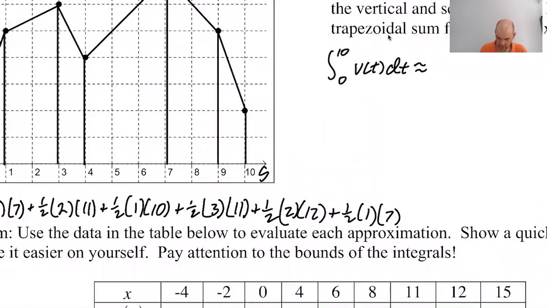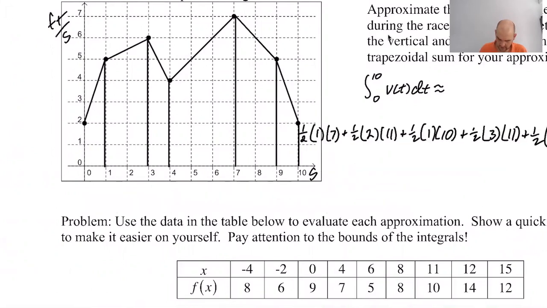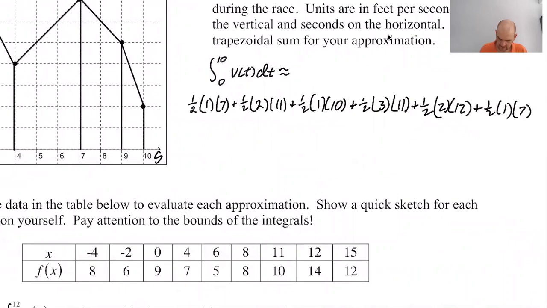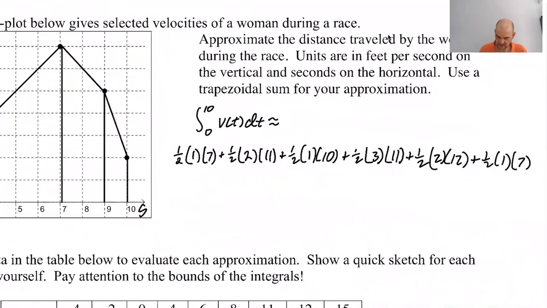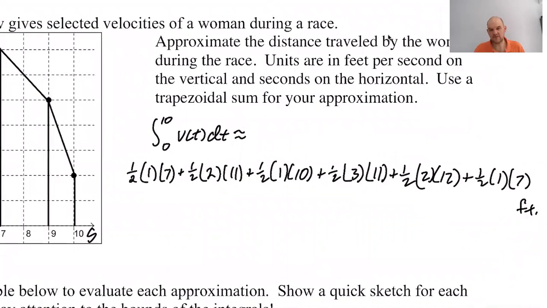This is definitely the work that I would show. I'm going to move this over somewhere. The units of this are going to be feet, because feet per second times seconds. And then I'm going to punch this into the calculator. I'm not going to bother switching over because it just takes time.